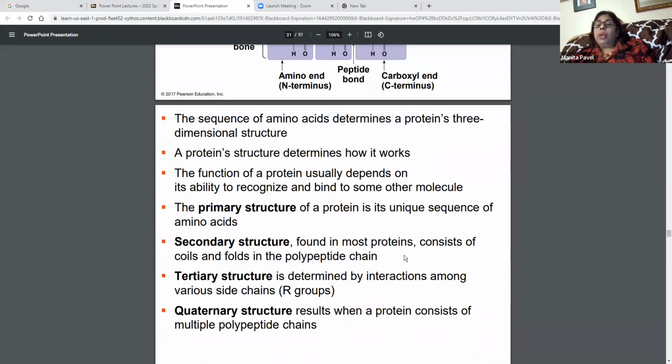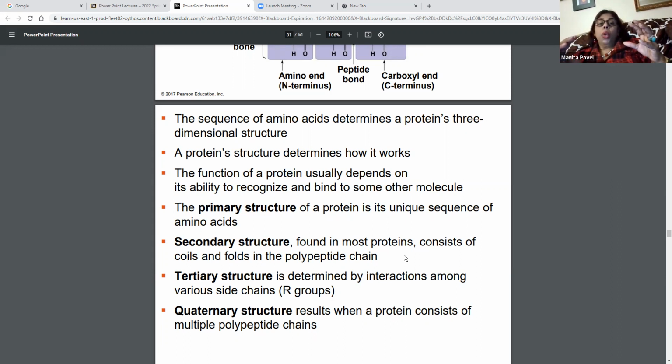Now, there are 4 different types of structural proteins: primary, secondary, tertiary, and quaternary. I always say, if the name is difficult to pronounce, remember that's the most complex. So what is primary? I'm just going to give you the basic definition. Primary structure consists of a linear, comes from the word line, a linear sequence of amino acids joined together by peptide bonds. Secondary, a little more complex. So we're building from simple to complex.